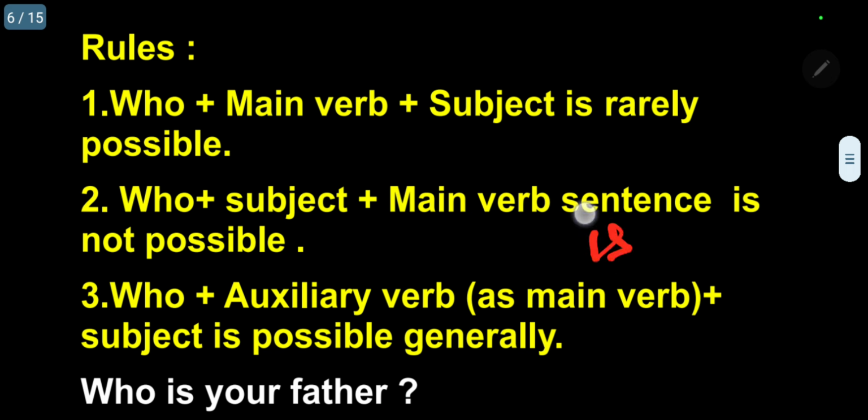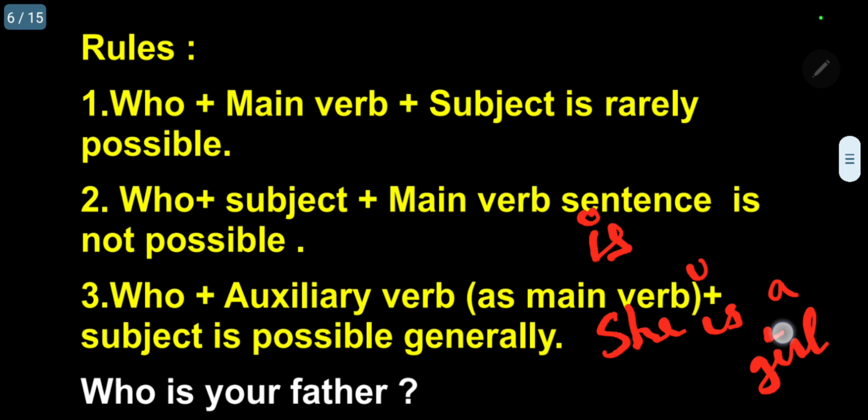That is the auxiliary, be verb. Now I can use this as a main verb: She is a girl. Here, is is acting as a main verb. So, a primary auxiliary verb is coming as a main verb.